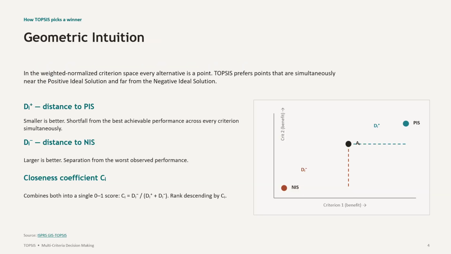So generally, TOPSIS works on a geometric intuition, and it tries to find out the distance from the positive solution and also from the negative solution. Then its closeness is calculated with the help of a score ranging from 0 to 1, and then ranking is made.